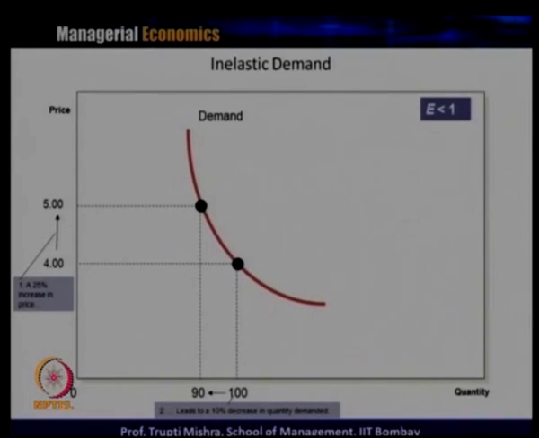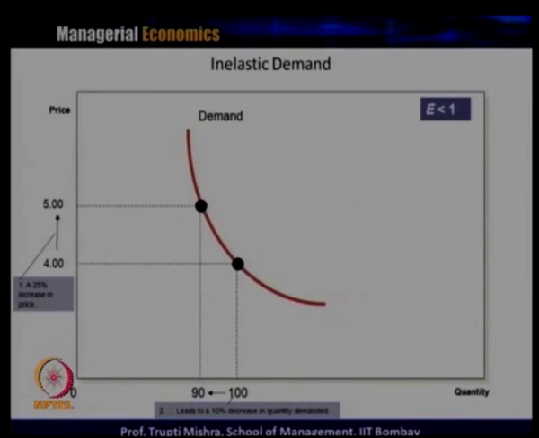Then we will come to the case of inelastic demand, which we also interchangeably call relatively inelastic, where E takes a value less than 1. So, elasticity of demand takes a value less than 1. This is the case of inelastic demand, where the demand curve we have taken is non-linear, in a curve format.